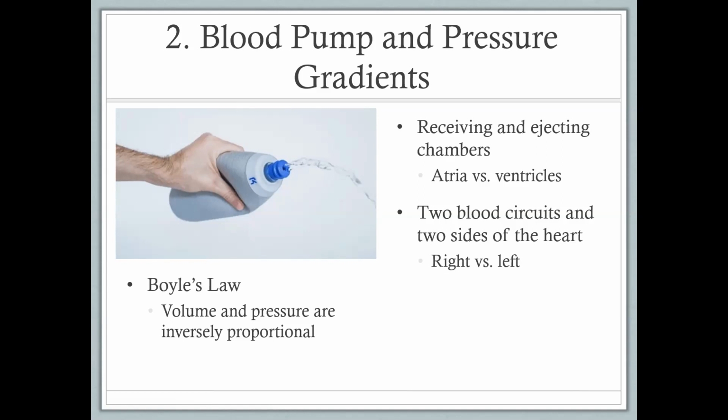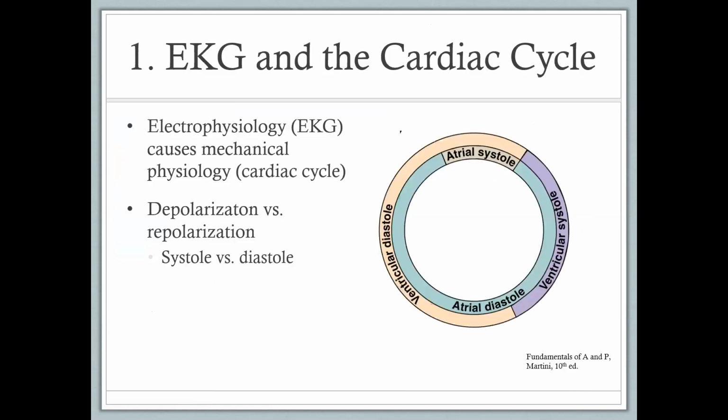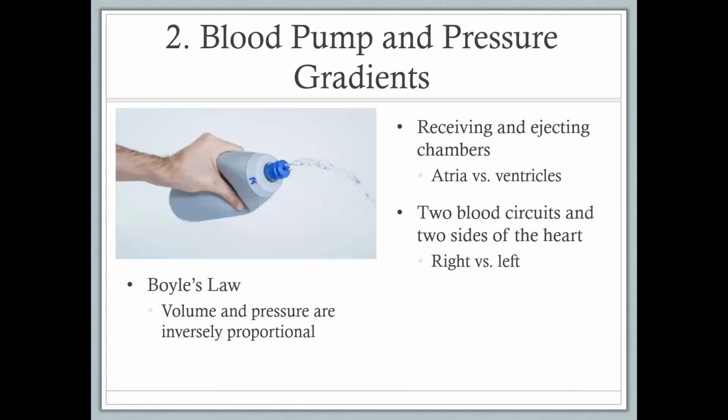So this is where we get this concept of pressure gradient. Relate it back to what we just looked at. What's the point of atrial systole, atrial diastole? What's the point of ventricular systole and ventricular diastole? Contraction and relaxation. As you can picture, contraction and relaxation are changing the volumes. And when you change the volumes, you change the pressure.